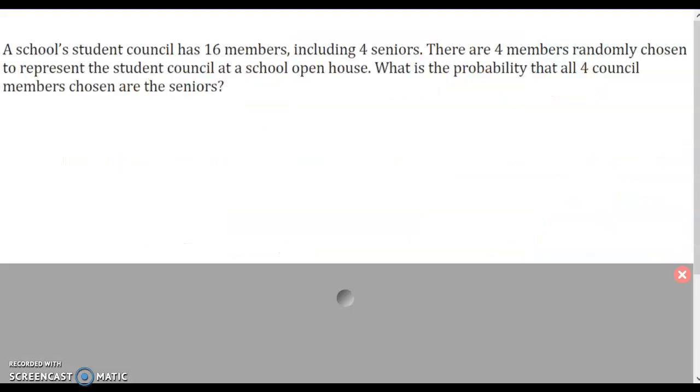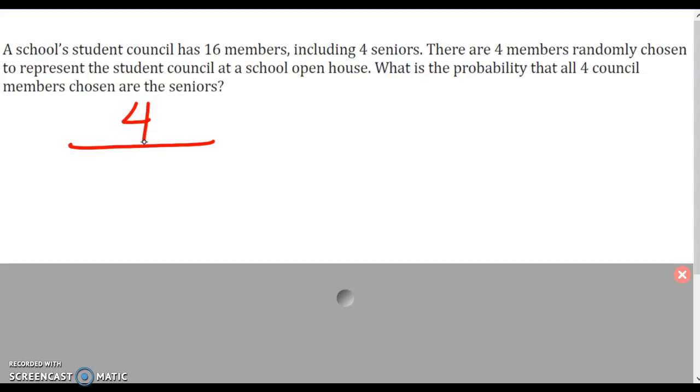Okay, so a school student council has 16 members, including 4 seniors. There are 4 members randomly chosen to represent the student council at school open house. What is the probability that all 4 council members chosen are the seniors? So when I think about this, remember it has to be a fraction. How many options of all 4 seniors are there? Well, there's 4 seniors. So I have to think along those lines.